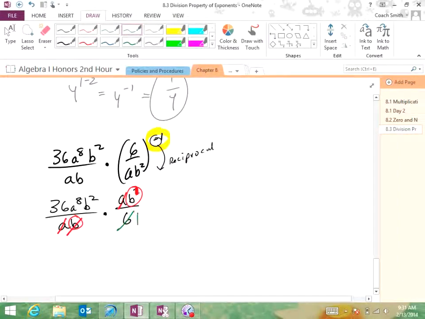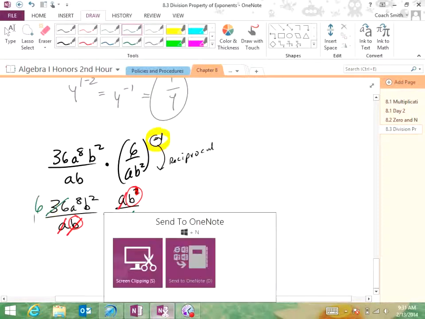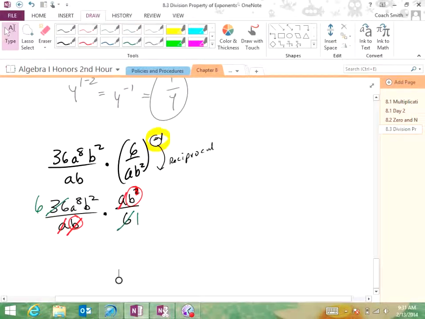6 goes into 6 once. 6 goes into 36 6 times. So on bottom, the only thing I'm left with is 1. So that leaves me a 6, a to the 8th, b to the 3rd.